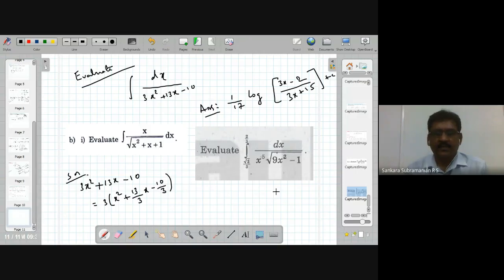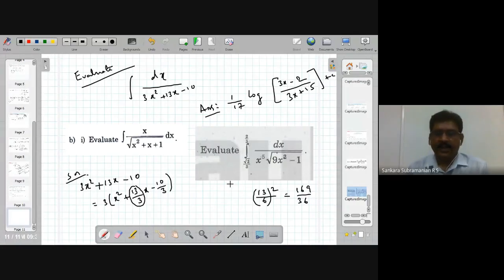Then I take the coefficient of x, which is 13 by 3, and divide it by 2. Dividing by 2 means multiplying by 1 by 2. You get 13 by 6. Then you have to square this: 13 into 13 is 169.